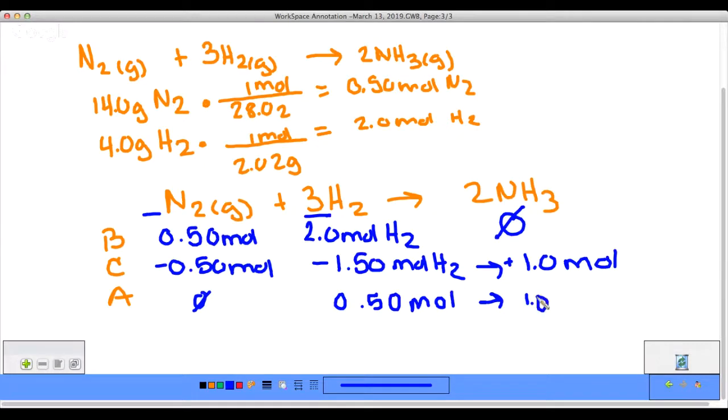So this is my after. Again, these are not being consumed at the same rate. They are being consumed in different amounts. Because it's a 1-to-3 ratio, we're going to have leftover hydrogen in the end. And so there's that one.